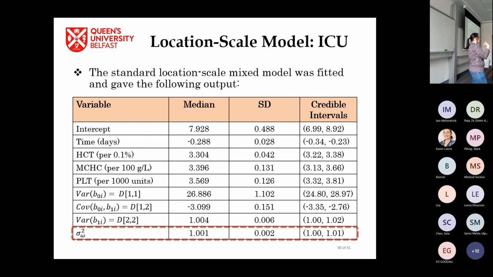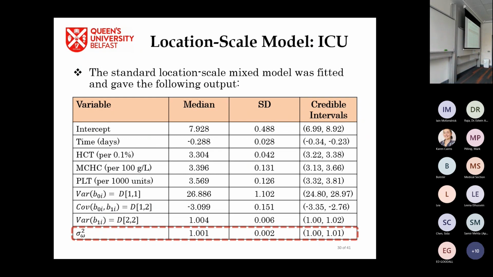If there's no variability in that, so if our sigma squared omega equals 0, then we would revert back to a constant, which is what we had before. Because this sigma squared omega doesn't equal 0, it's significantly different from 0, there is some variability, which is what we saw in the last histogram plot. So we do need to take into account the fact that each individual should have their own individual specific scale parameters.